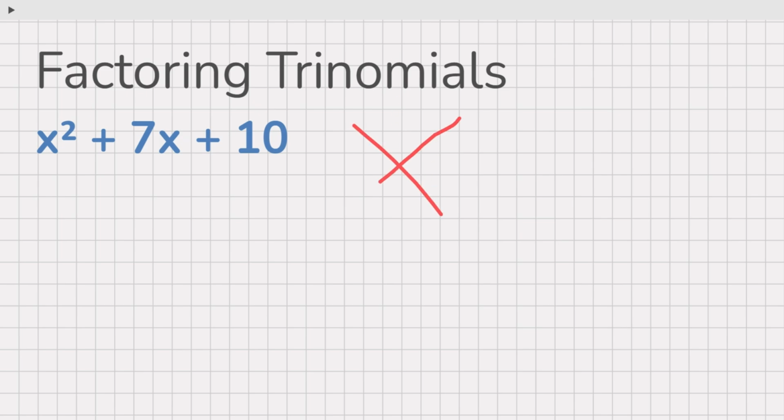Now, with x squared plus 7x plus 10, this is what I call the cross. I use it consistently. You're looking for numbers that multiply to get 10 and add together to get 7, and this cross will be a lot more useful whenever we move on to harder questions. I highly recommend that you do this part in your head, but I'm doing this on the video to help you learn.